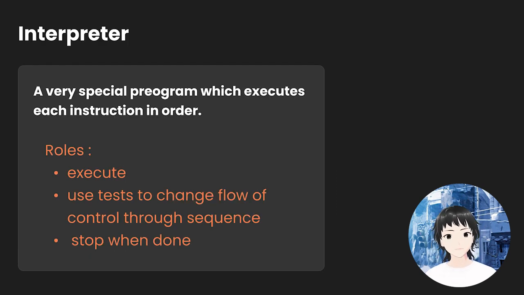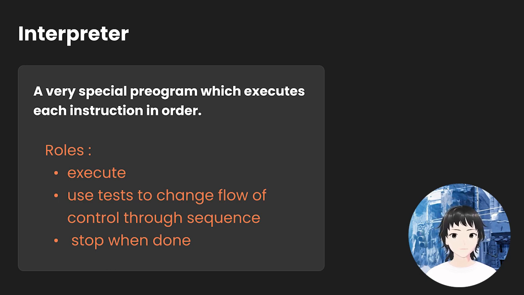So finally, now I'm moving into the interpreter space. The interpreter is the special program which actually handles the execution of each step in order. Its main roles are, first, execution of the steps or the instructions that you give as a programmer. The second is to use tests to change the flow of sequences of the programs.